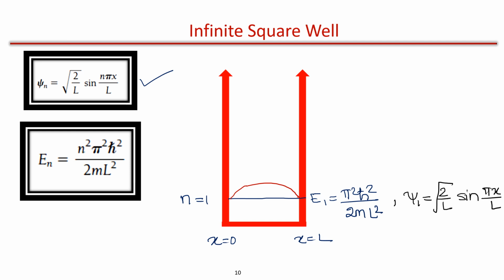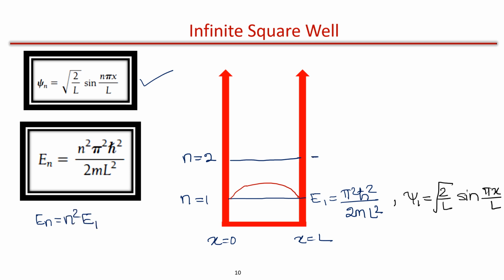Now, for n is equal to 2, please note that from this energy relation we can write En is equal to n squared E1.